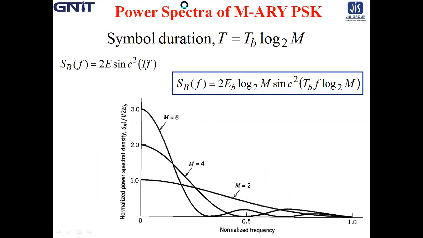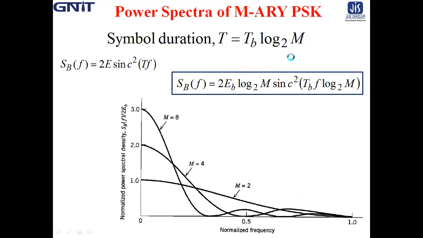Next is the power spectrum of M-ary PSK. The symbol duration of M-ary PSK is defined as T = Tb log2 M, where Tb is the bit duration.